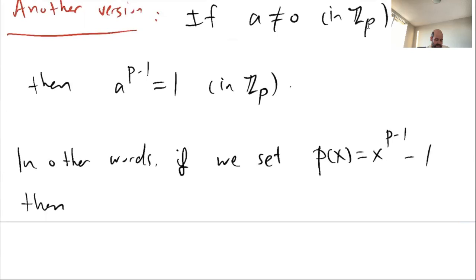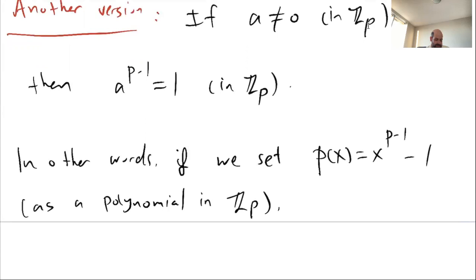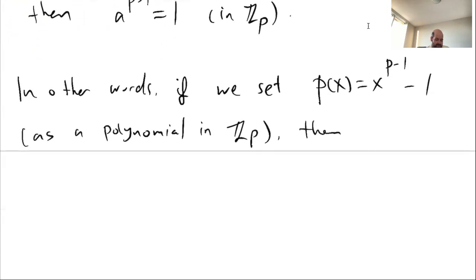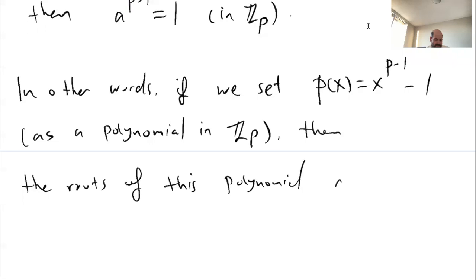Then, so let me say, if we set this as a polynomial in ZP, then the roots of this polynomial are 1, 2, 3 to P minus 1.